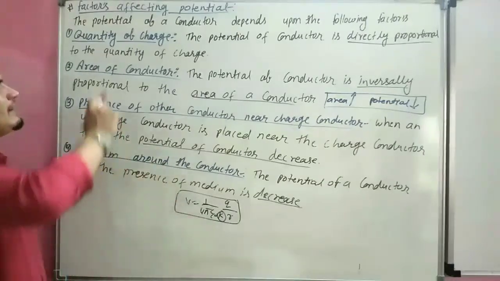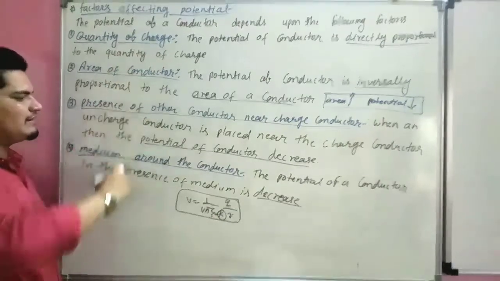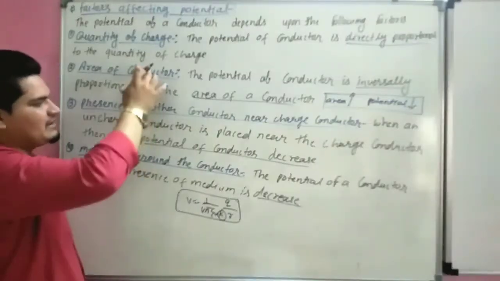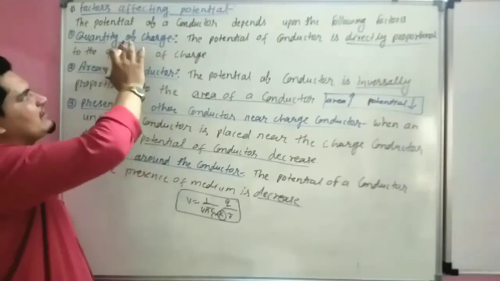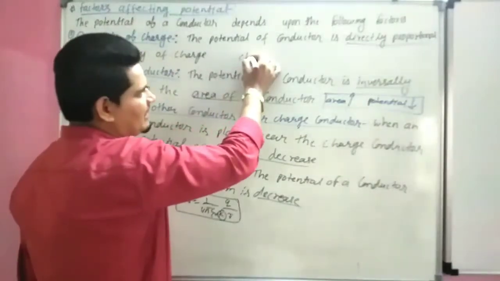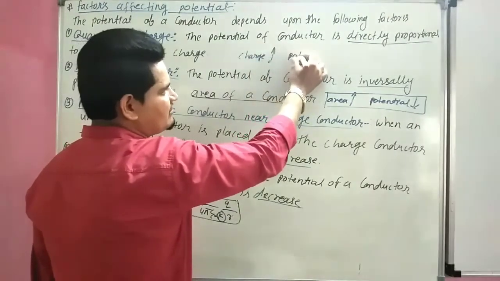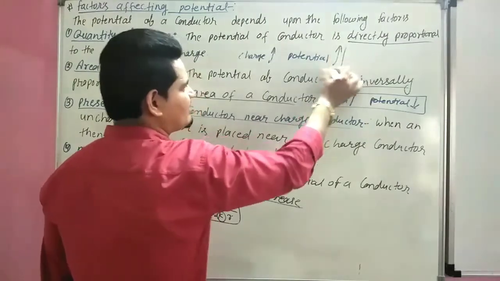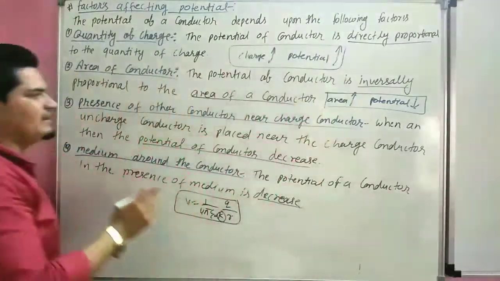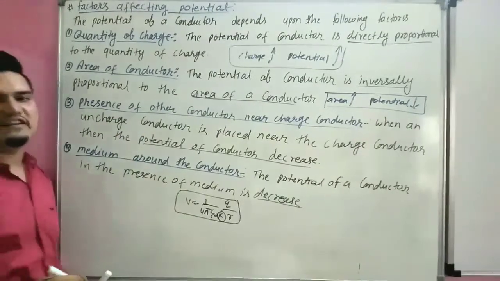So only in one case, quantity of charge, potential increases, and in all remaining 3 conditions, potential will decrease. If charge increases, then potential also increases.